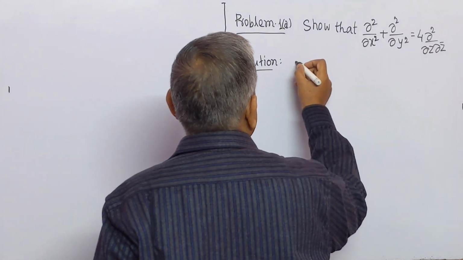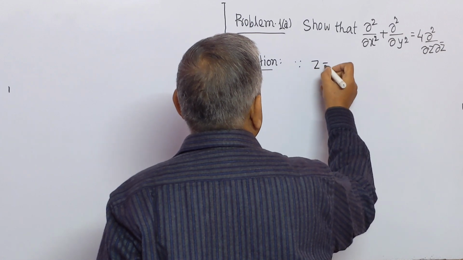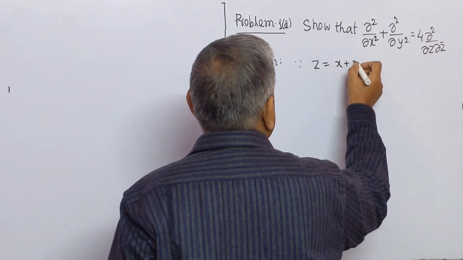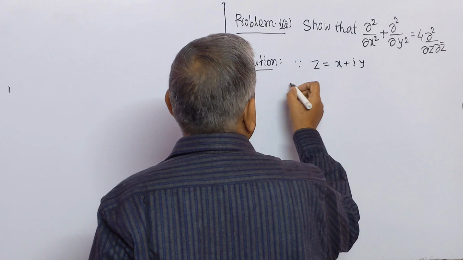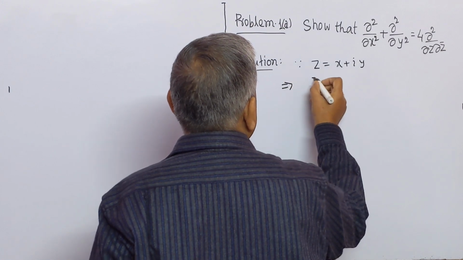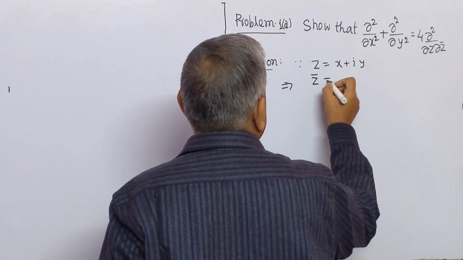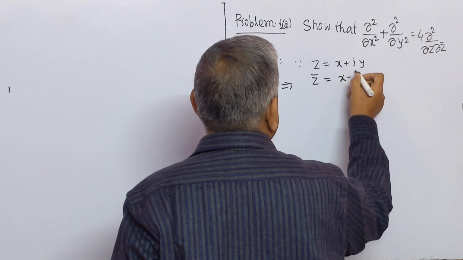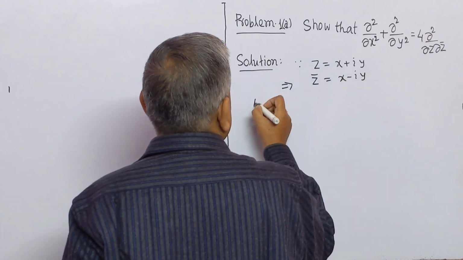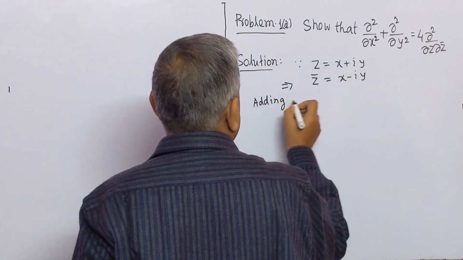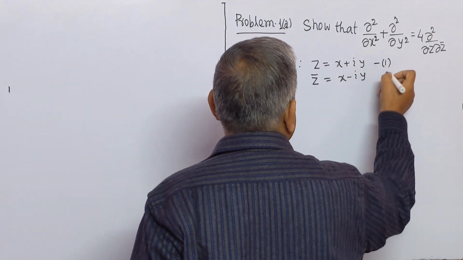Since z equal to x plus iy implies that conjugate of z equal to x minus iy. This is number 1, this is number 2.